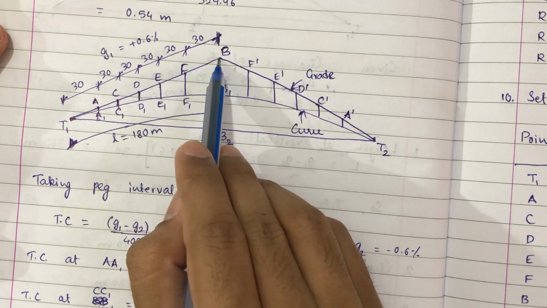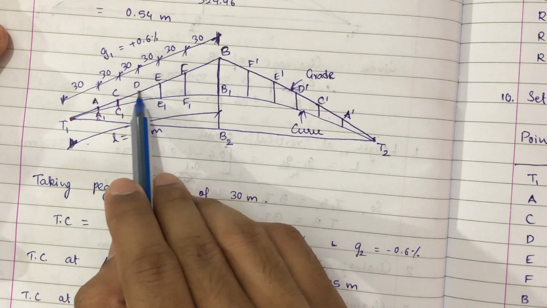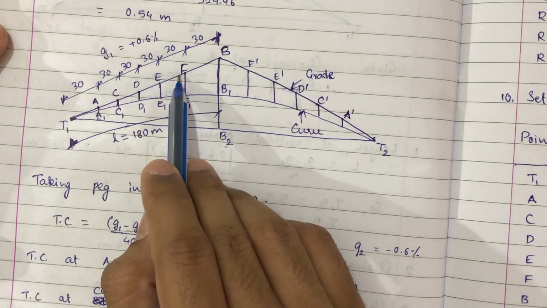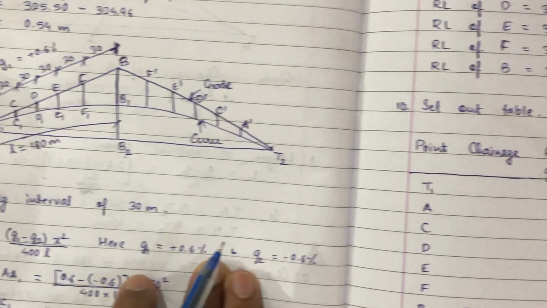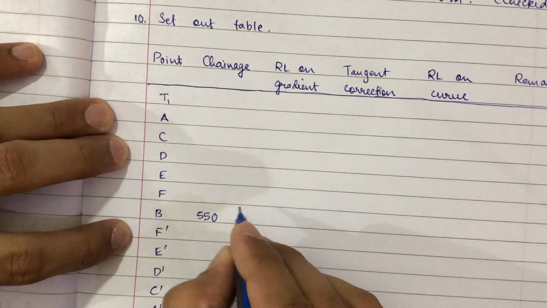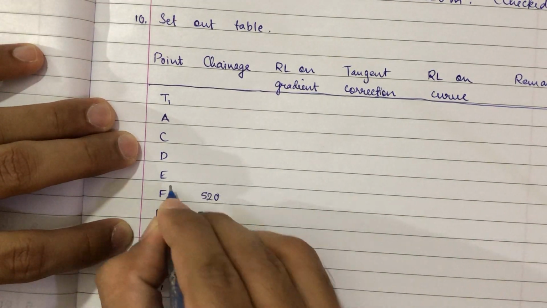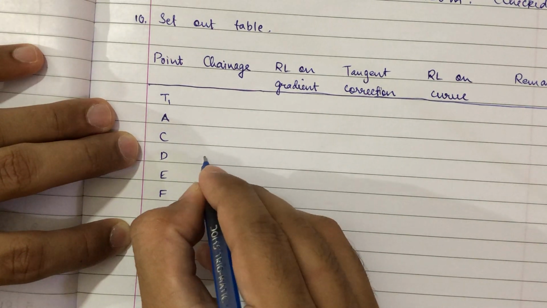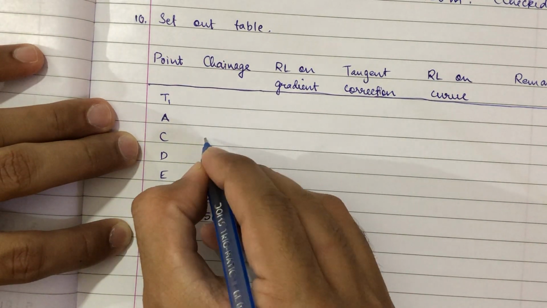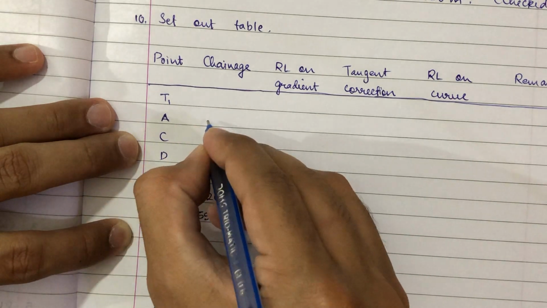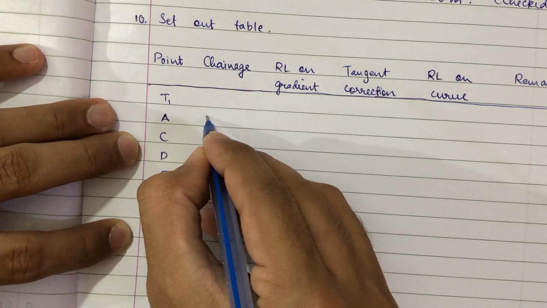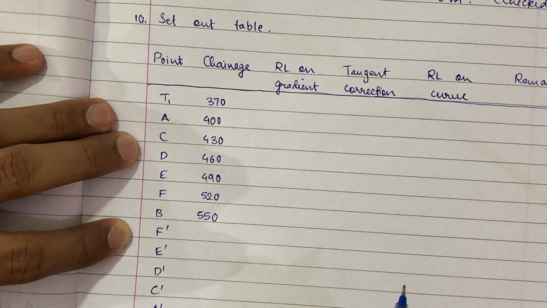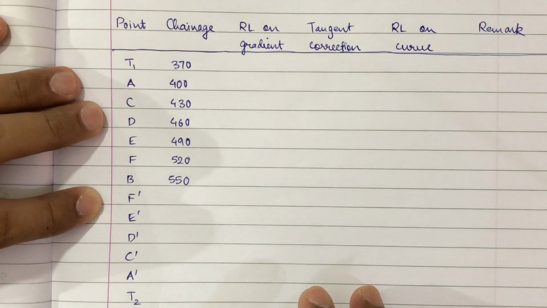So if this is 550, the values before it should be reduced by 30 each. At F it will be 550 minus 30, that is 520. At E it will be 490, at D 460, at C 430, at A 400, and at T1 it is 370. These are the chainages.